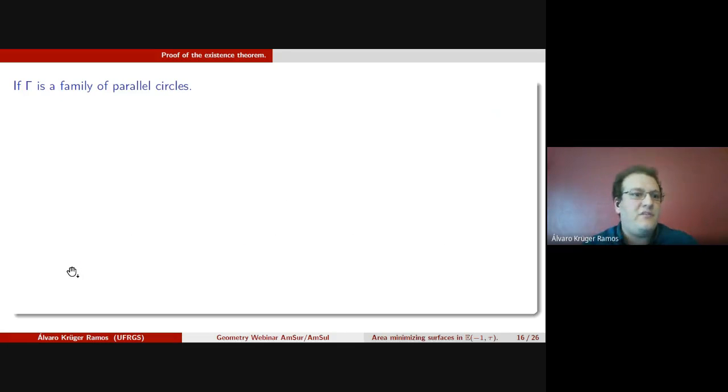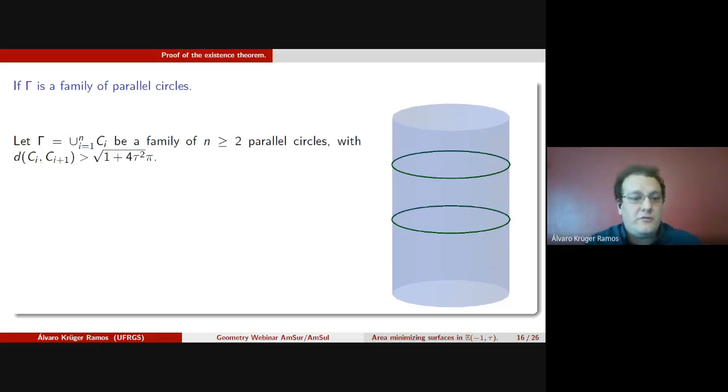So let me explain to you why the theorem holds when gamma is a family of parallel circles. So you take this family of parallel circles where any two circles are farther apart than this constant here, which is the constant in the statement of the theorem, and I'm thinking that they are ordered. So C1 is the lowest, C2 is the second lowest, and so on and so forth.